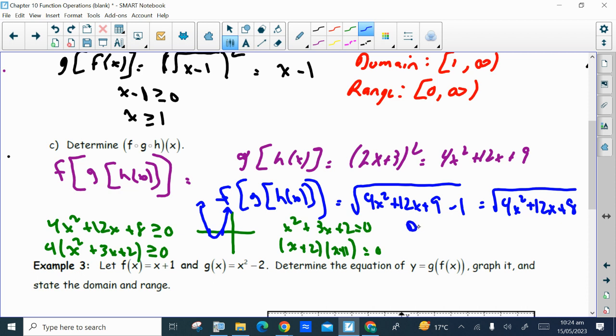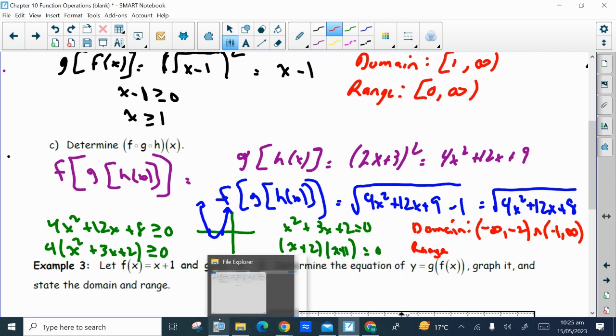That's our domain: from negative infinity to -2, and from -1 to positive infinity. The minimum value of this function will be at -2 and -1.